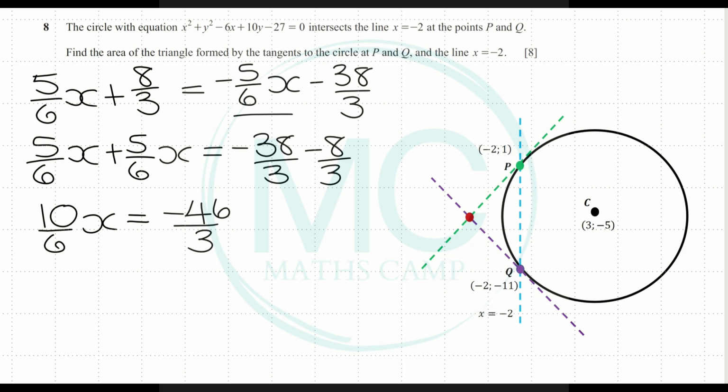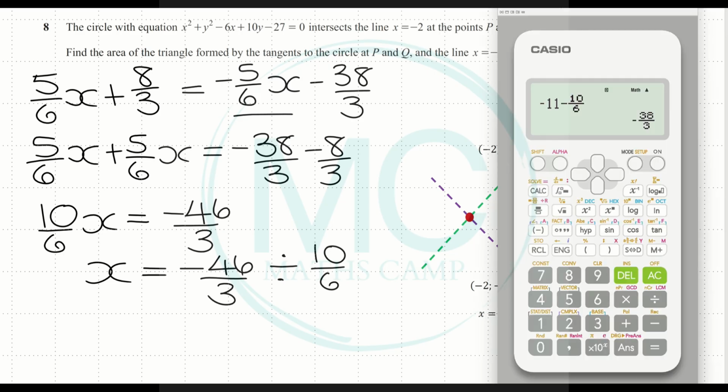To get x by itself, let's divide both sides by 10 over 6. x is equal to -46 over 3 divided by 10 over 6. And I can put this straight into my calculator. -46 over 3 divided by 10 over 6 is equal to -46 over 5.